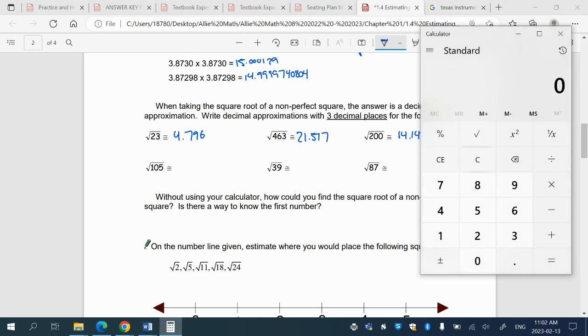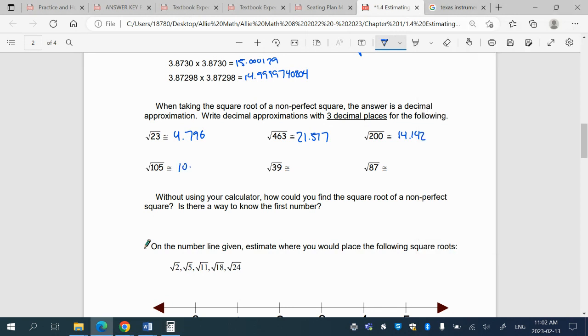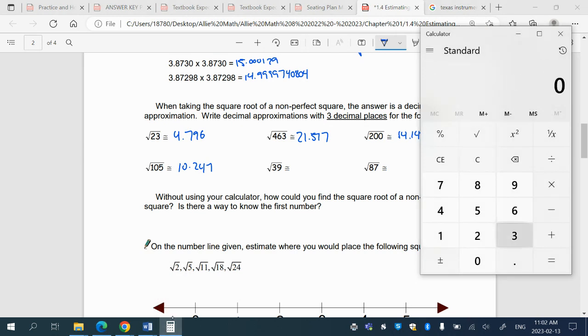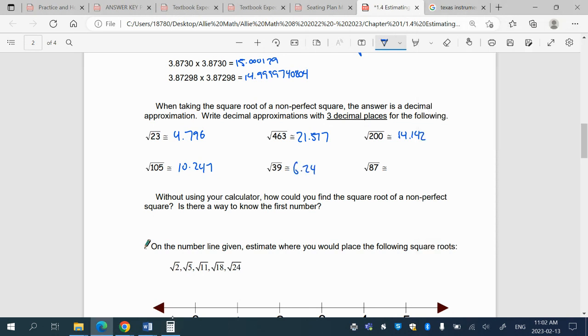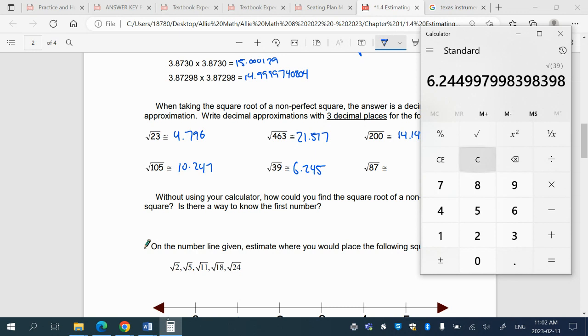Okay, square root of 105: 10.247. Let's do square root of 39: 6.245. And last one, square root of 87: 9.327.